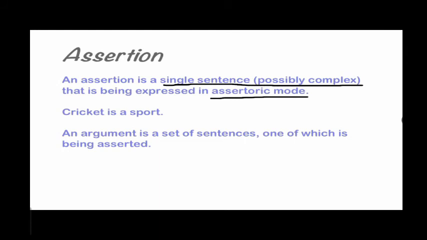Or simply put, assertions are simple facts. Here is an example: cricket is a sport. Easy enough, right? Let's keep one thing in mind as well, that an argument is a set of sentences, one of which is being asserted. Right? So one of the sentences in an argument would always be an assertion.